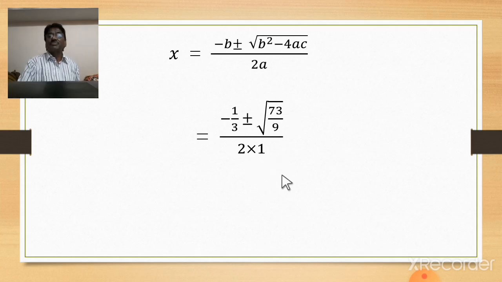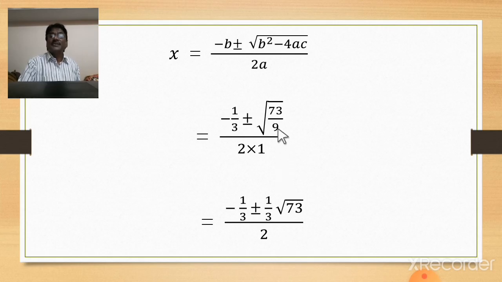Now here we take the root of 1 upon 9, and that is 1 upon 3. Therefore we get -1 upon 3 plus minus 1 upon 3 root 73 upon 2 into 1.